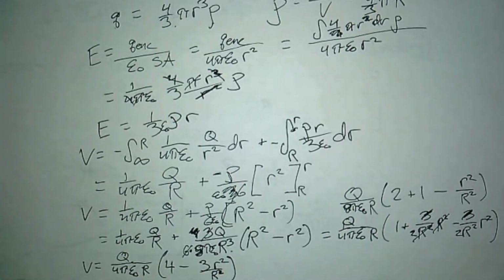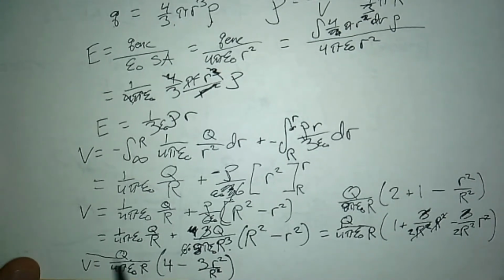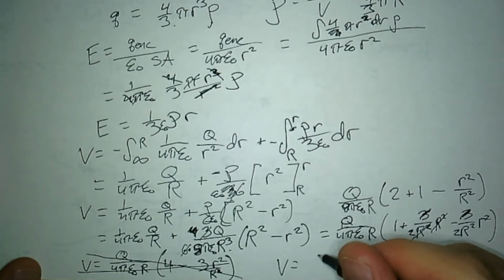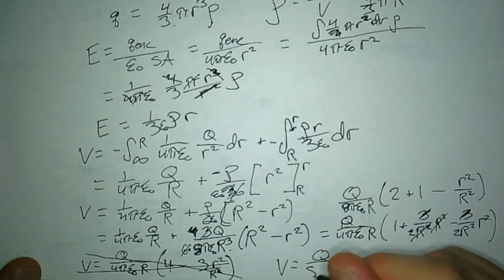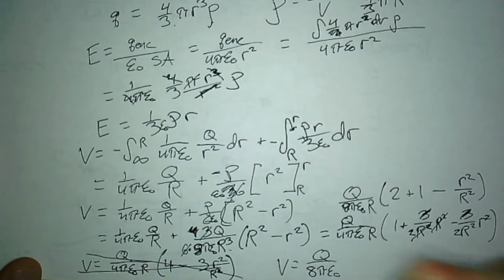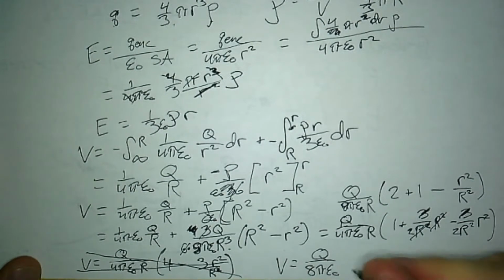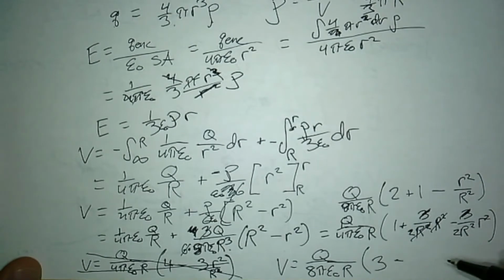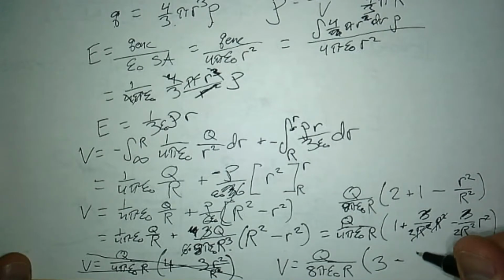So that's the line I want. So down here, let's just cross this off. It should look like V equals Q over 8 pi epsilon naught times R, and this is going to be 3 minus r squared over capital R squared.